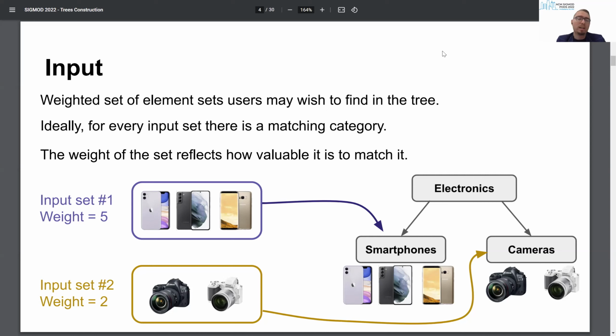The idea is to build the tree in such a way that for each of these sets, we have a specific category that contains it. If a category contains many more items than this set, it's not so good. We want the sets to be represented in the tree as precisely as possible.